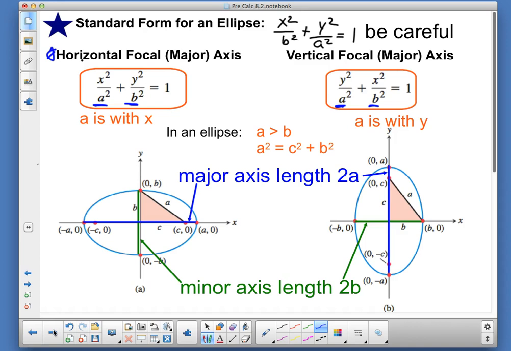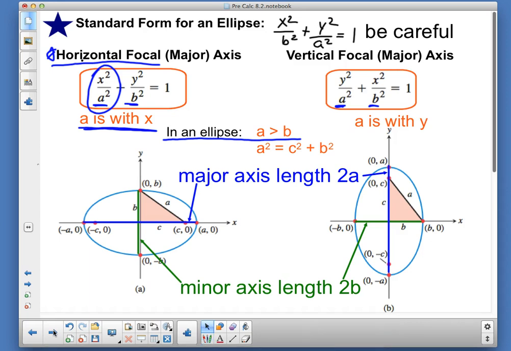unless you realize that in an ellipse, a is always bigger than b. And a determines your major axis location, whether it's horizontal or vertical. And here's how you know. When it's a horizontal axis, I consider a with x. My x squared, the largest number, a, is with x.